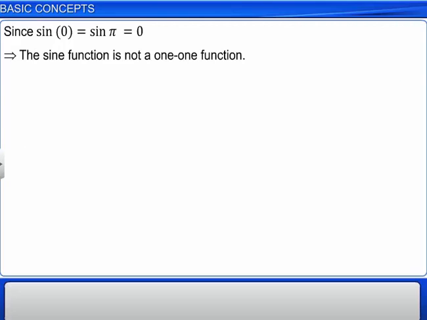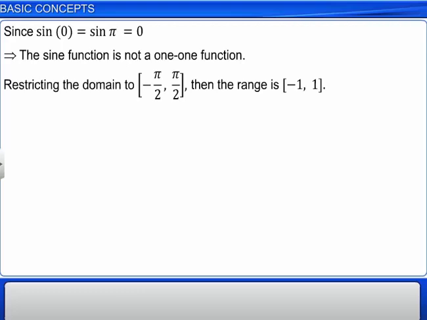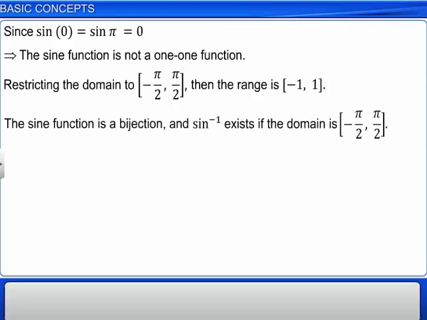On restricting the domain to -pi upon 2 to pi upon 2, the sine function becomes 1, 1 and onto with its range as closed interval -1, 1. In such a situation, the sine function is a bijection, and therefore its inverse exists.